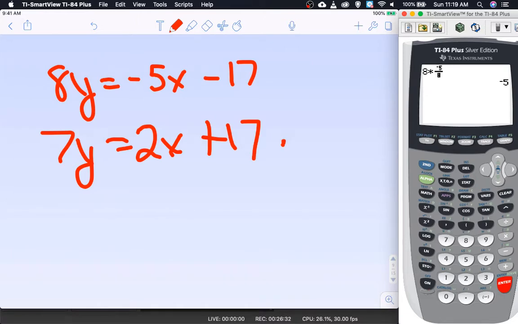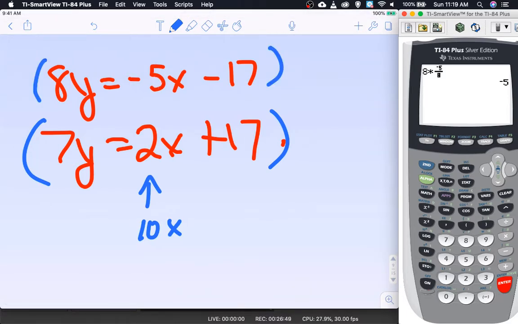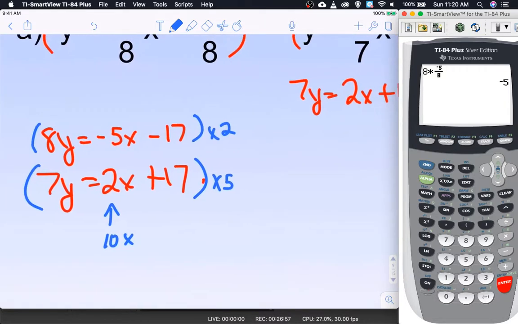In order to make my x's eliminate, I'm going to make this a 10x. I can multiply by 5 and make this a 10. I can multiply by 2 and make that a 10, and they're going to have different signs. So if I multiply my bottom equation by 5 and my top equation by 2, my x's will eliminate.